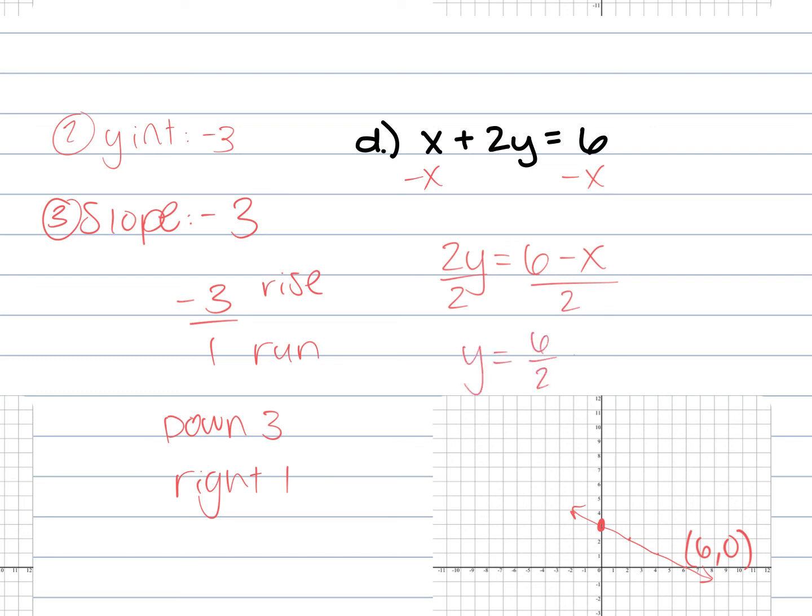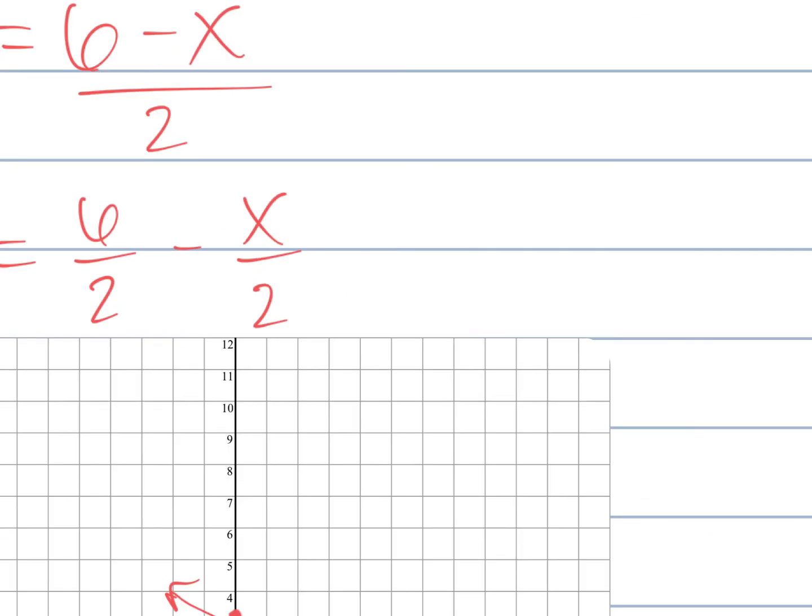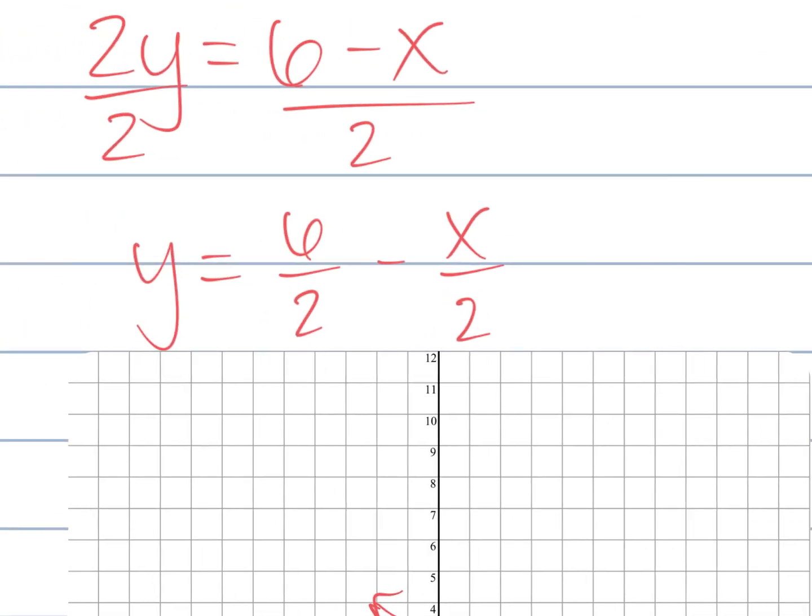And then negative x over 2. Good, minus x over 2. Okay. And then I got y equals 3 over 1. Good. And then I got negative 1/2 x. Mm-hmm. And then I put y equals negative 1/2 x plus 3. Good.